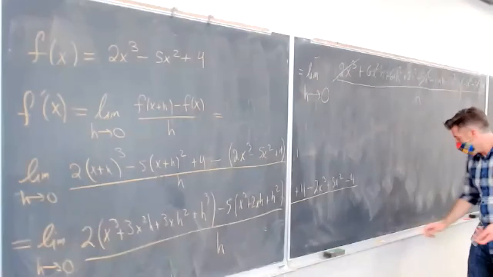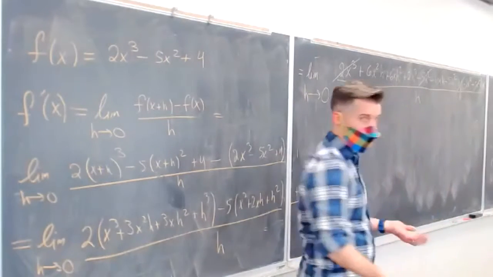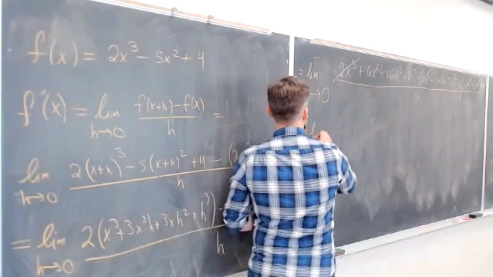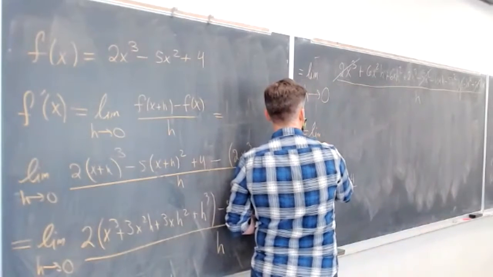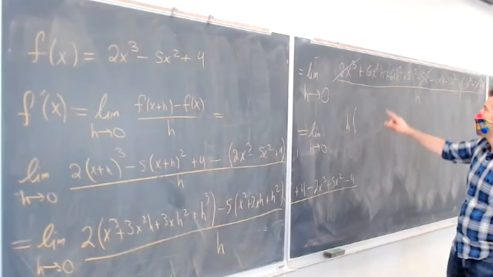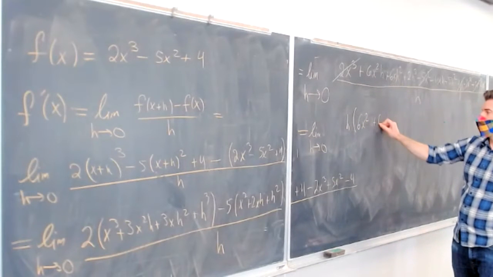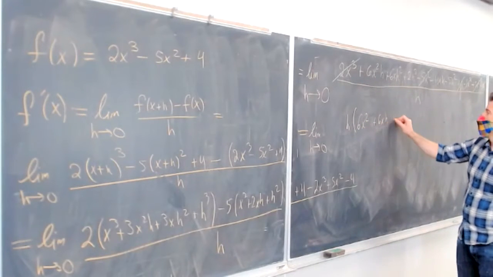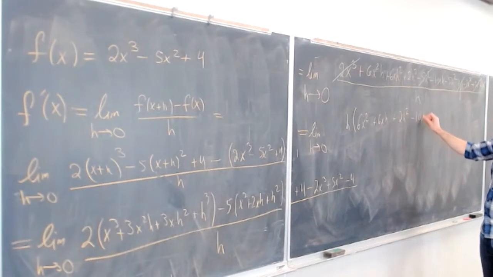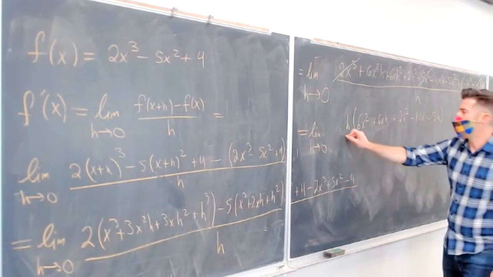So all the things that don't have an h do cancel. And then you can either just say I'm going to divide each thing by h, or if you prefer, you can factor out an h from the top. And you say I'm going to have the limit as h goes to 0 of, so factor out an h from the top. I'm left with 6x squared plus 6xh plus 2h squared minus 10x minus 5h, all divided by h.